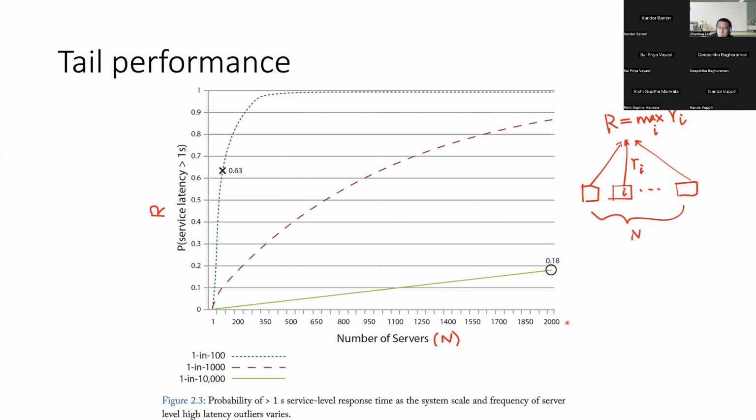But with 2,000 servers, the probability is 18%. It's still not negligible, it's significant actually. With a service like that, almost 1 in 5 requests gets a large delay. You probably will feel it's a very bad service.